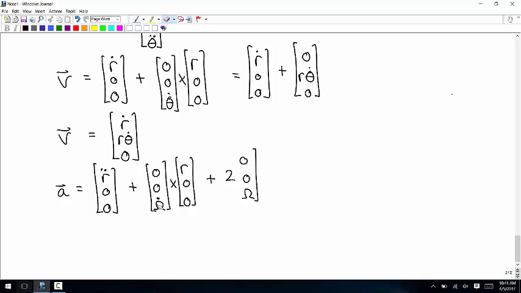Yeah, that's theta. So theta dot is omega. This is omega dot, so this should be theta double dot. Omega is 0, 0 theta dot. So omega dot is 0, 0 theta double dot.